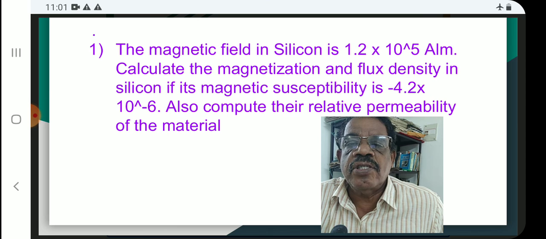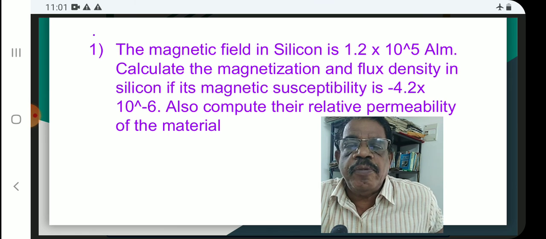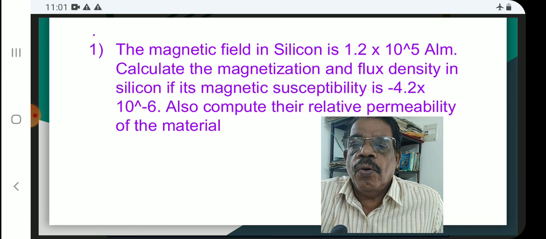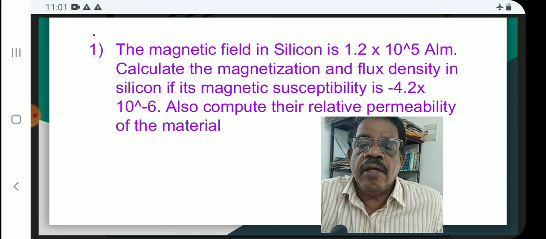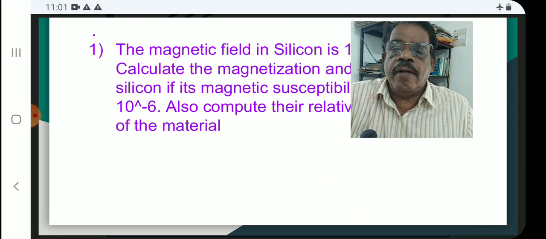Calculate the magnetization and flux density in silicon if its magnetic susceptibility is minus 4.2 into 10 raised to minus 6. Also compute the relative permeability of the material.